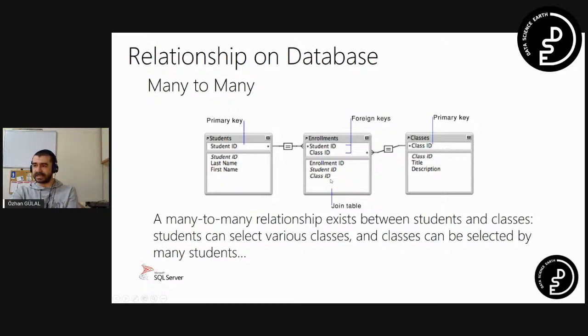As we already said, students can select various classes, and classes can be selected by many students. But the enrollments table, the join table, has no information other than IDs. If you need detailed information, you have to connect it to the students table or to the classes table. Okay, that's it.